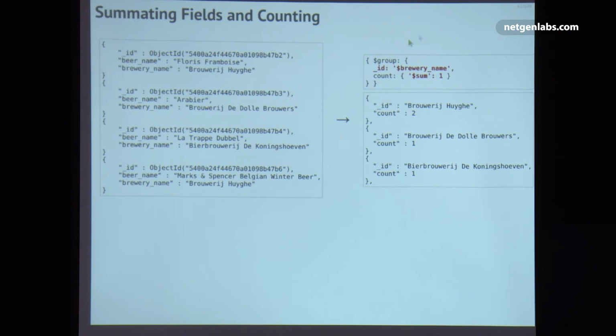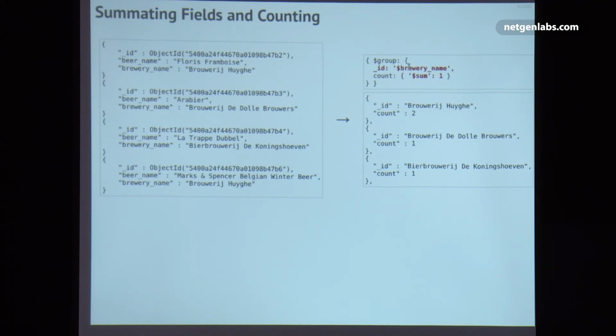So what I then do is I group by brewery name. And to group by a specific field, I need to set the underscore ID field of the resulting documents to brewery name. Which means that for each of those documents, it will see, oh, this is brewery name Brouwerij Heuge, which matches with the document I already had the first time, right?